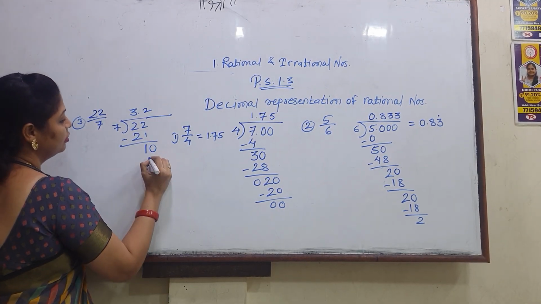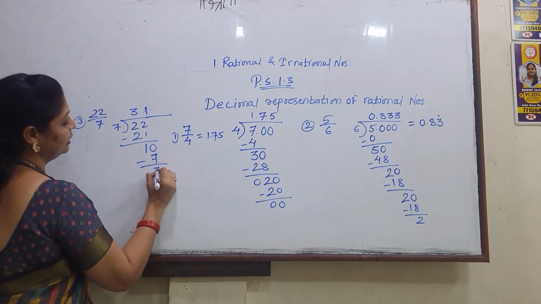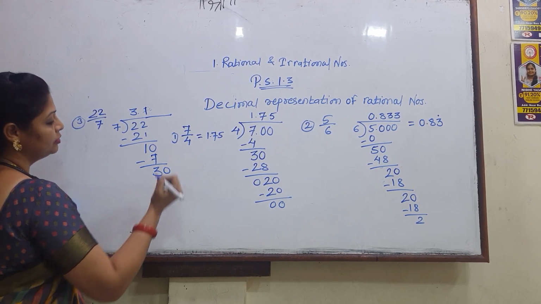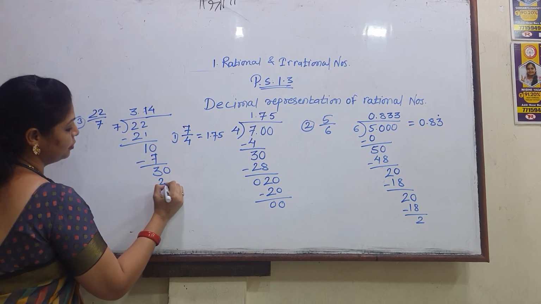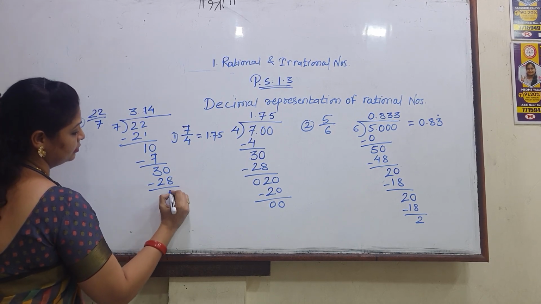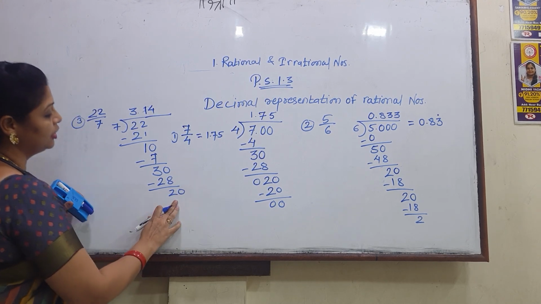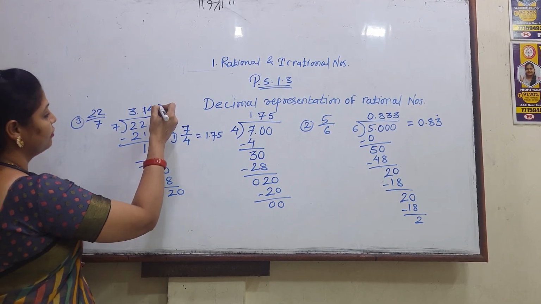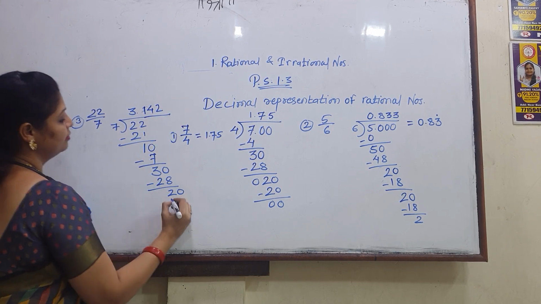7 ones are 7. 3 is there. Again we write 0. 7 fours are 28. 2 is there. Again 20 is there. So 7 twos are 14.